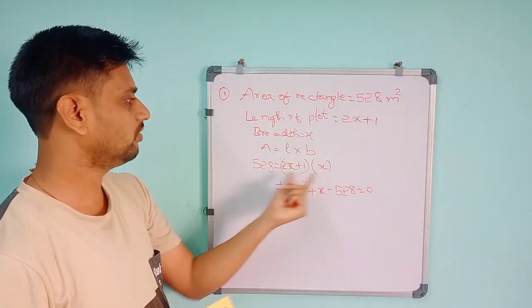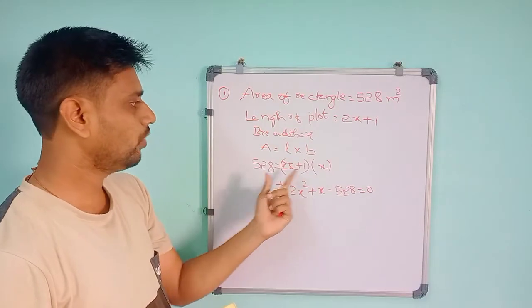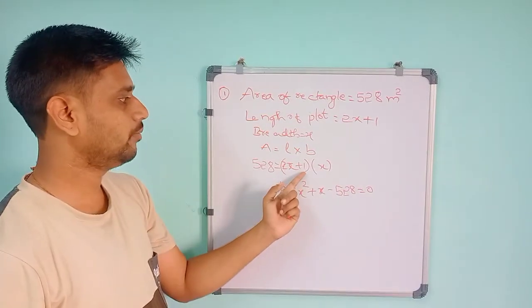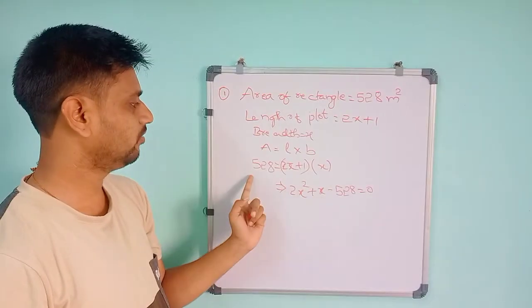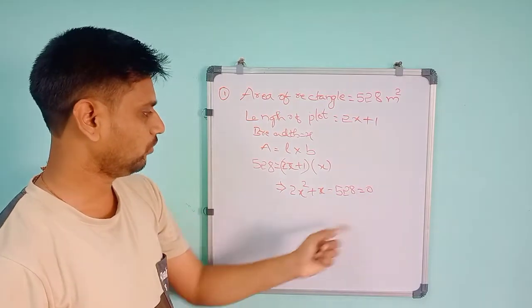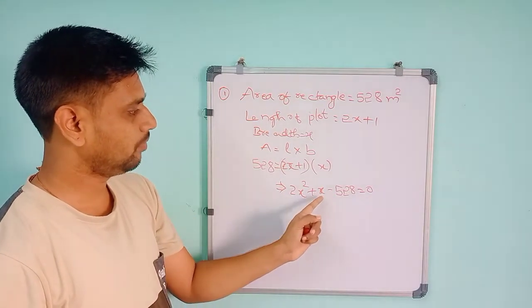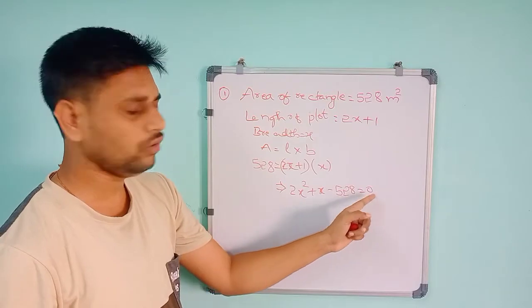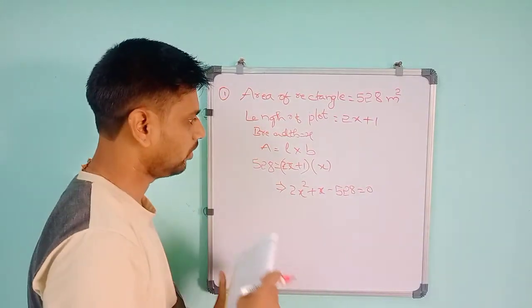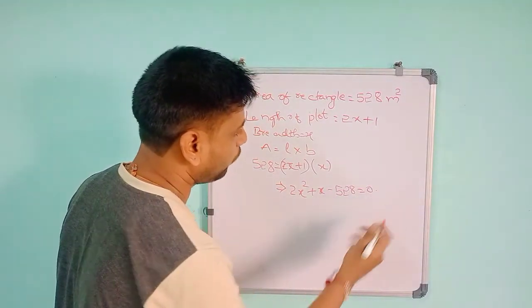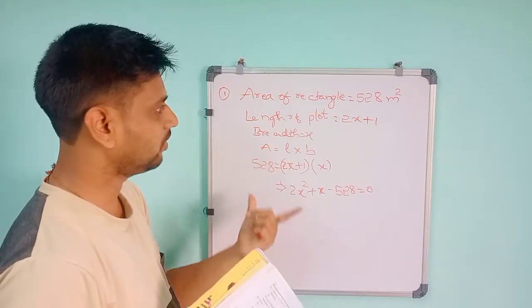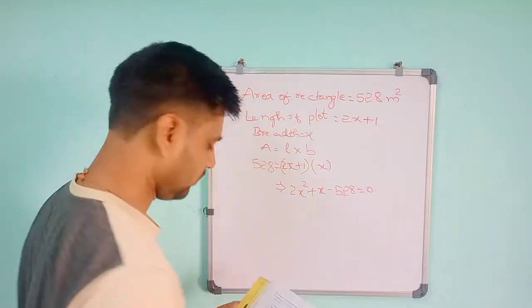So 2x into x is 2x square and plus 1 into x is plus x. Then this number minus 528 is equal to 0. So this is in the form of ax square plus bx plus c is equal to 0. So no need to find the value, only you have to write the representation of that sentence in equation form.